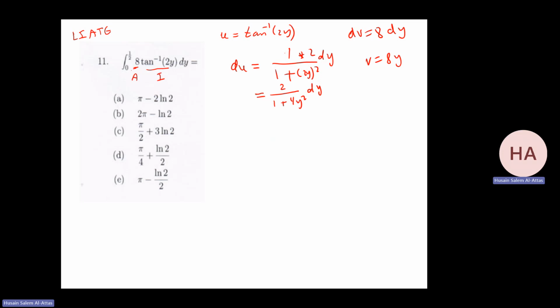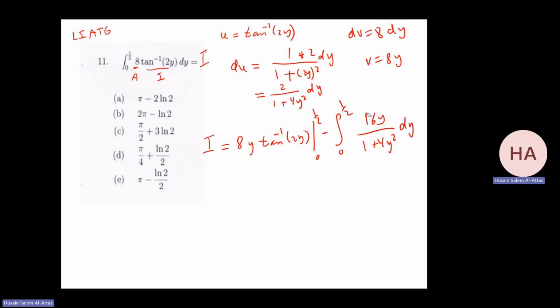Okay. Now, if this is the integral I, I will be uv: 8y tan inverse of 2y from 0 to half, minus integral from 0 to half of 16y over 1 plus 4y squared dy.